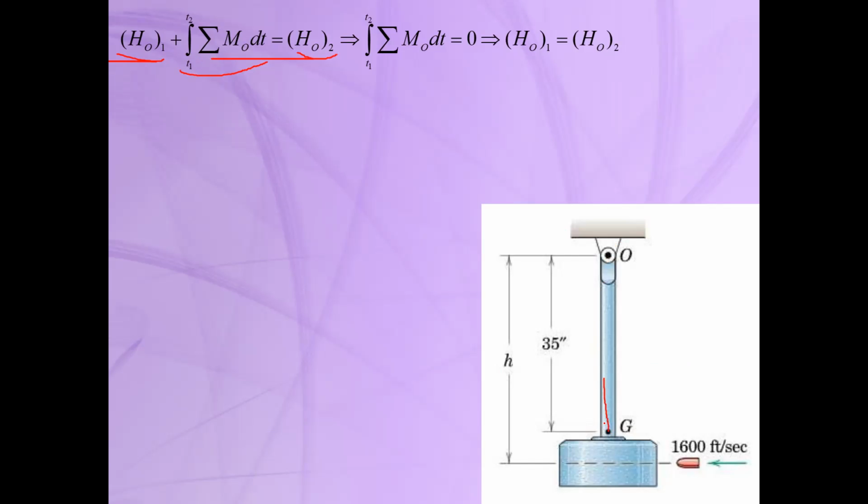The weight passes through point O, so there is no moment due to this weight about point O. So this term is equal to 0, the moment about point O is equal to 0, and we can conclude that the initial angular momentum is equal to the final angular momentum. So this is the impulse momentum equation.